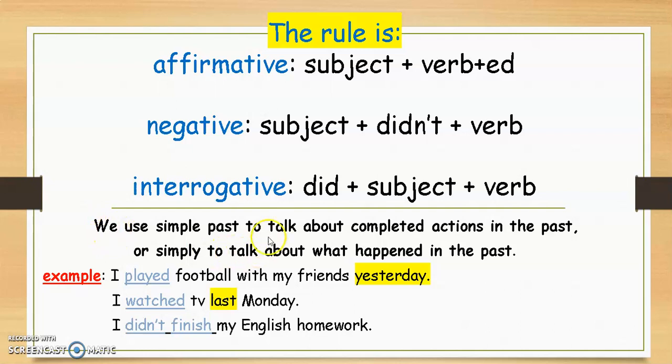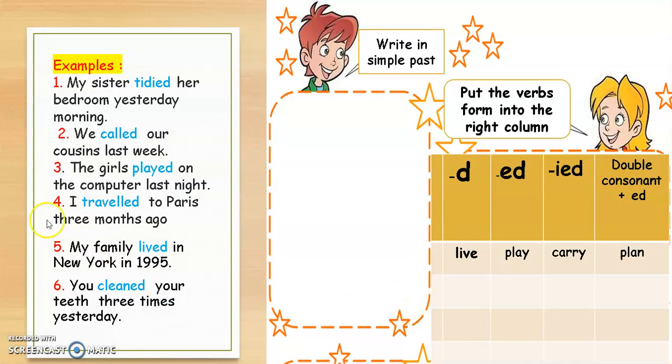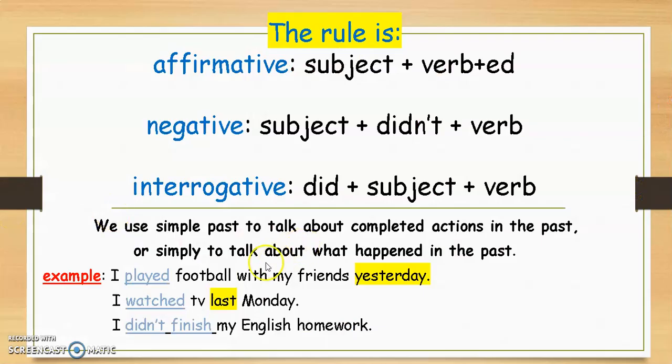Let's see. We use simple past to talk about completed actions, something that is finished, something that is already done in the past. You see here? Or simply to talk about what happened in the past. See, also the simple past, ed.